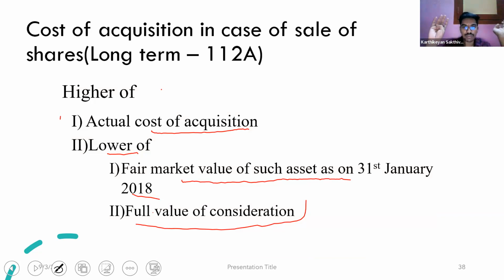Only if the shares are purchased before 31st Jan 2018, are long-term in nature, and STT is paid both at the time of purchase and at the time of sale, only if these three conditions are satisfied should we find the cost of acquisition this way. If not, just take whatever the cost of acquisition is.